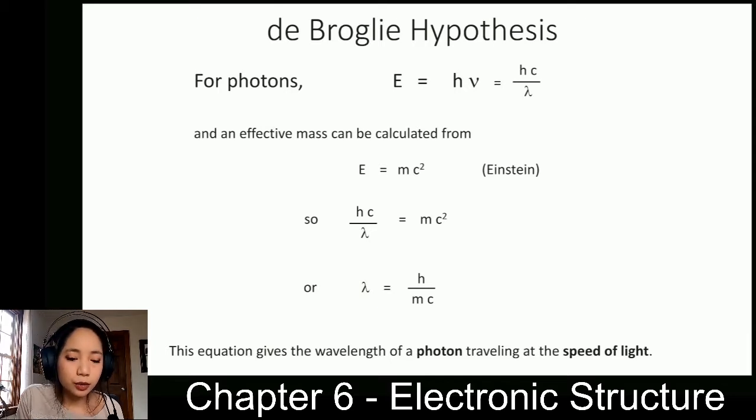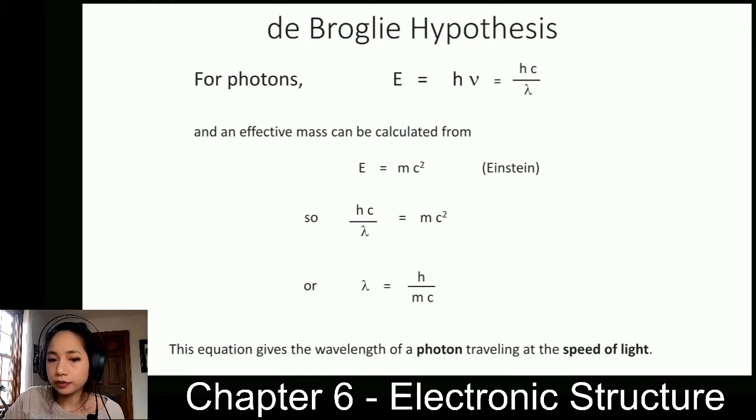So, we've already proposed this equation for photons, relating the energy of a photon to its wavelength or its frequency. For photons, this equation, E equals Planck's constant times frequency, is describing light as a wave. But we can also use Einstein's equation, E equals mc squared, and show that a wave can also have mass.